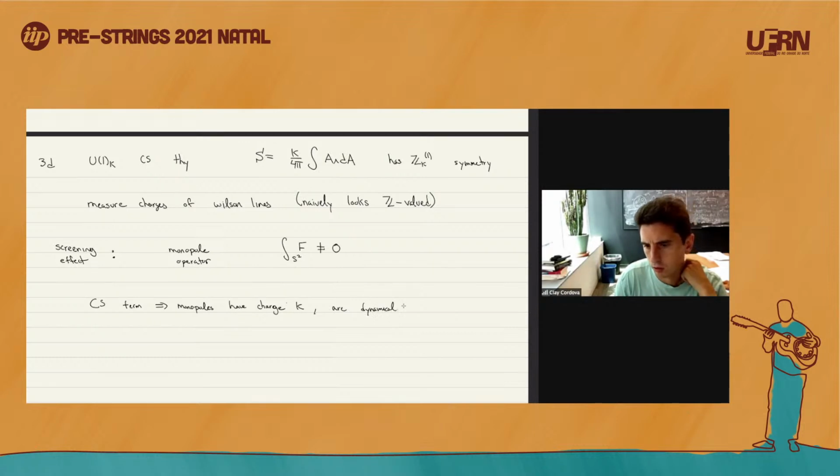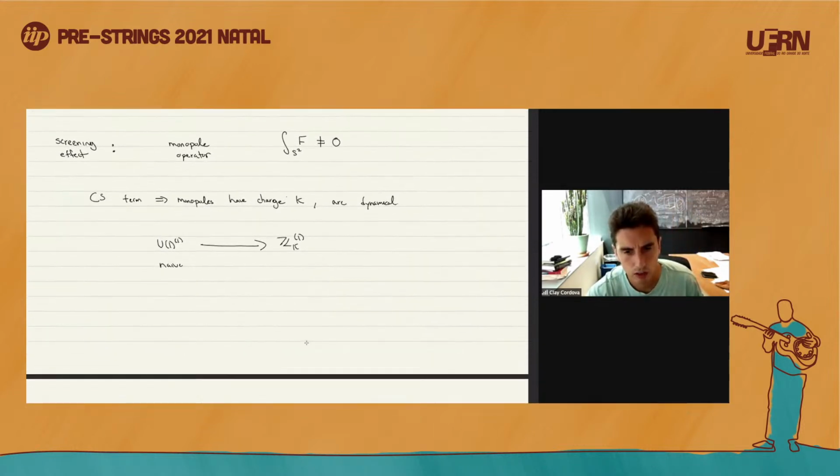We have to sum over such fluxes in the path integral. So what that means, following our general logic of screening, is that this U(1) symmetry, which would have been naive from measuring the charges of Wilson lines, is in fact broken to the true symmetry Z_K^(1). So that's the true one-form symmetry of Chern-Simons theory.